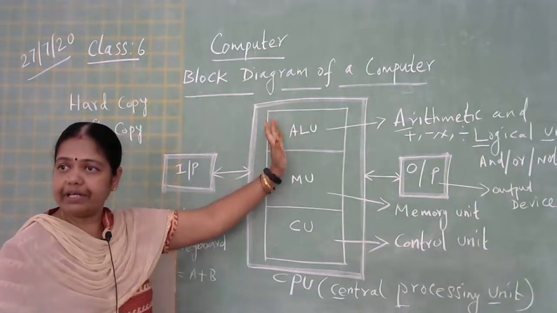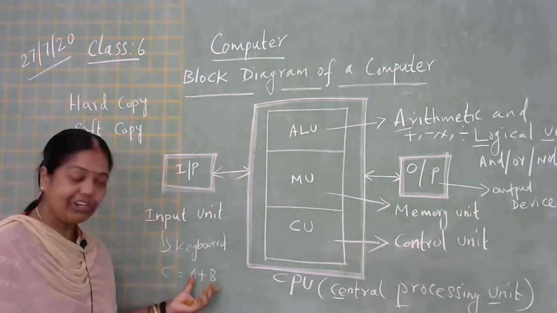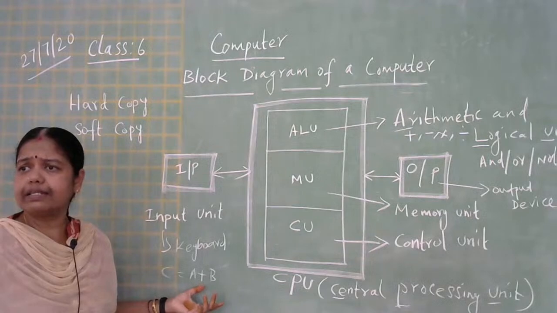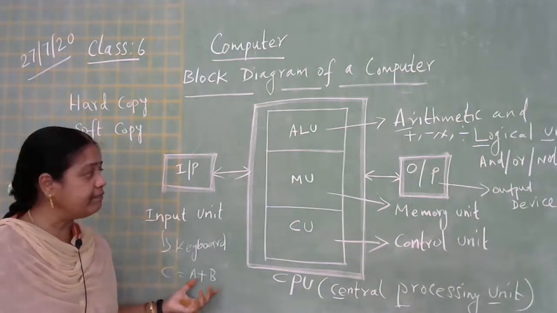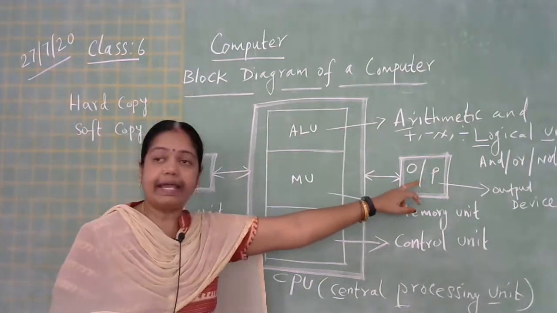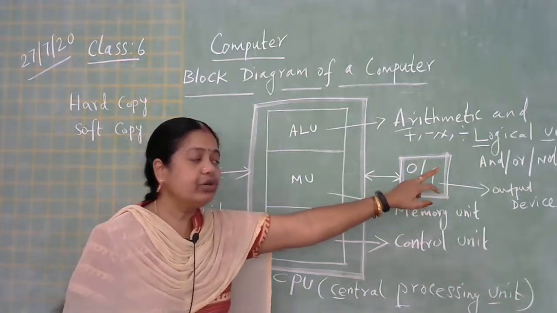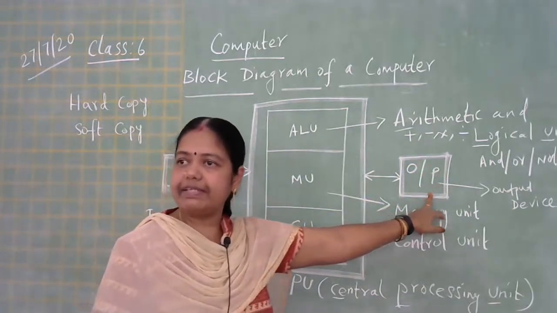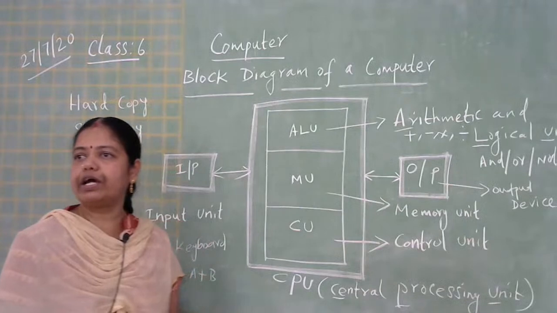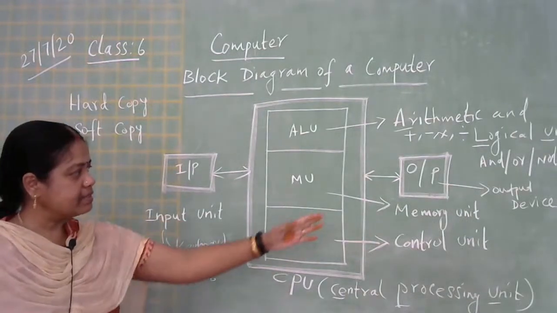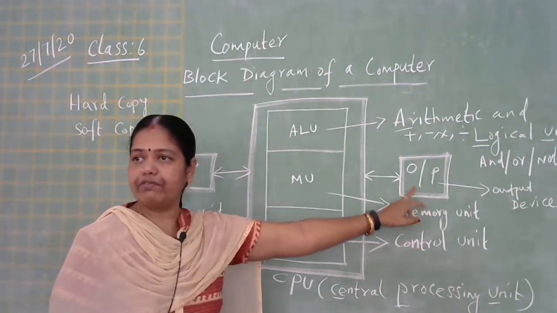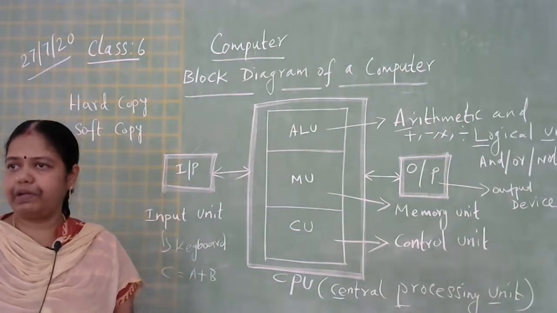Then the calculated result is called the process. The result will be displayed with the help of the output devices. With the output device, you can immediately see the output on the screen.